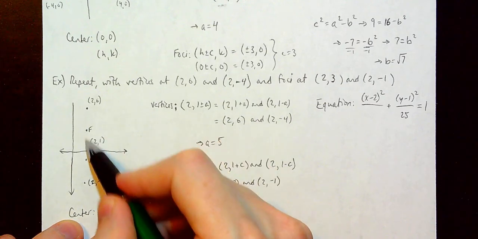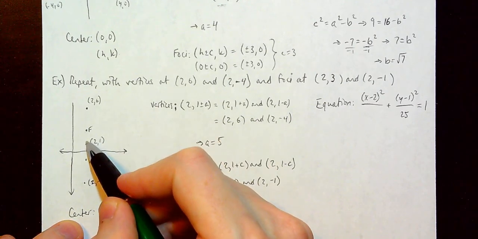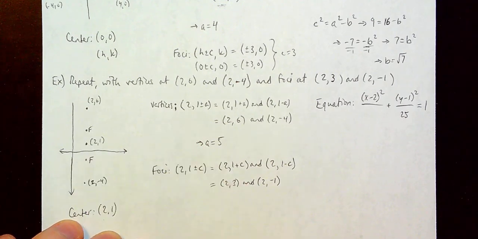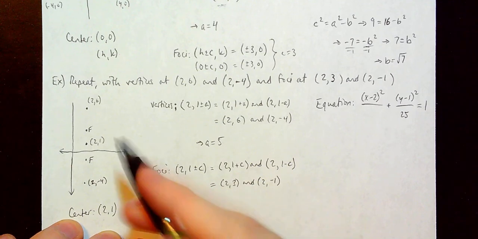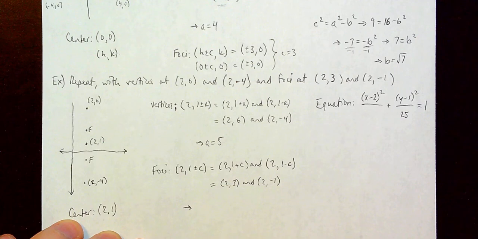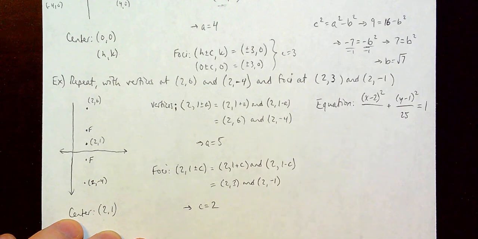How far is this length from here to here, or this length from here to here? They should always be the same length. So the question is just what is that distance? Well, to go from 2 comma 1 to 2 comma 3, there's only a change in the y coordinate, and that change is 2.